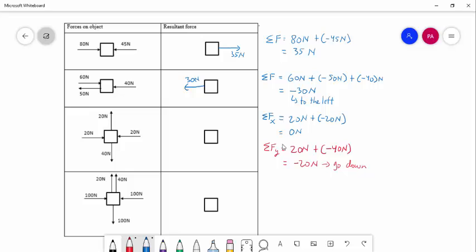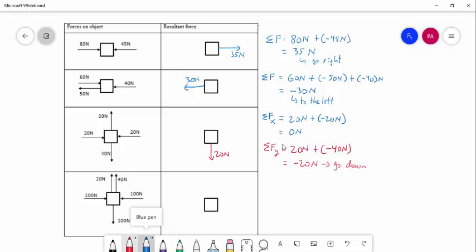And for the number 1, actually, this is go right. Because it goes down, we draw like this, 20 Newton. We don't need to draw the horizontal one because the total is 0 Newton.